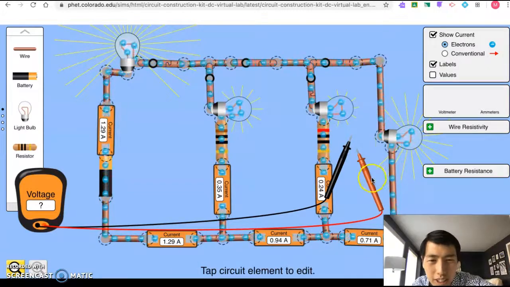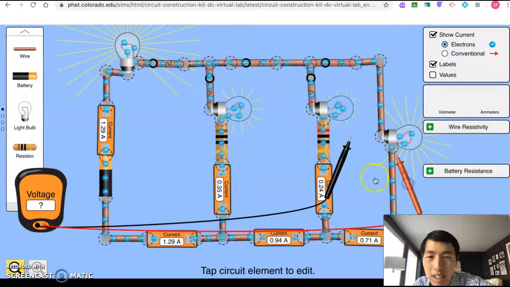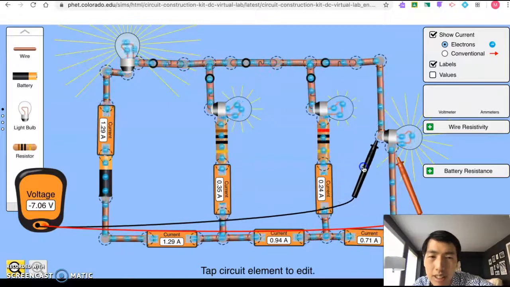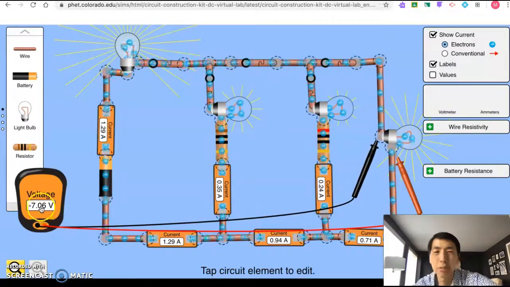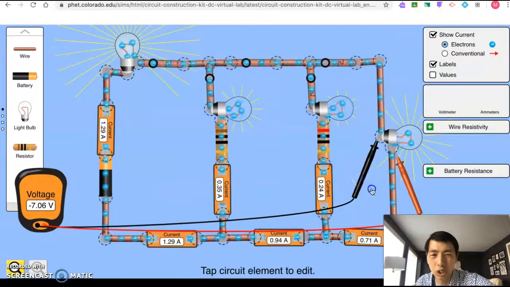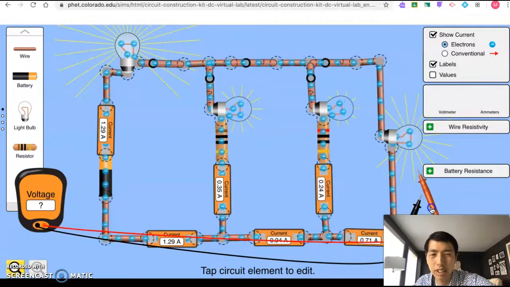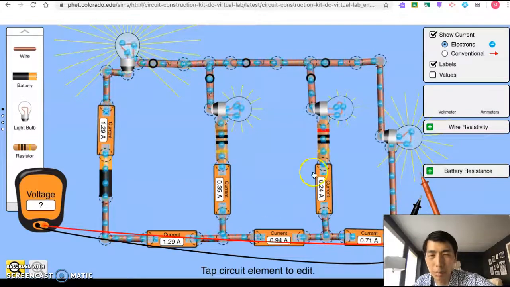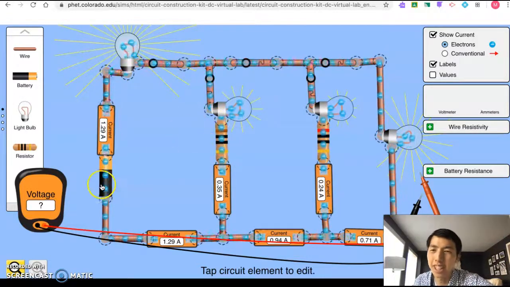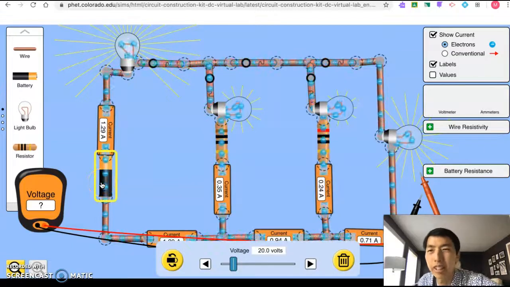So let's check. And it's negative 7.06. Okay, so that is Kirchhoff's voltage rule. Basically, there's three loops, and each individual loop has got to add up to balance out the voltage given by the battery.